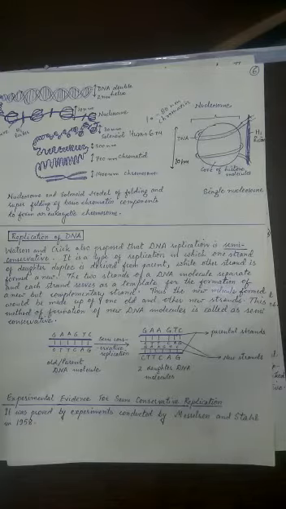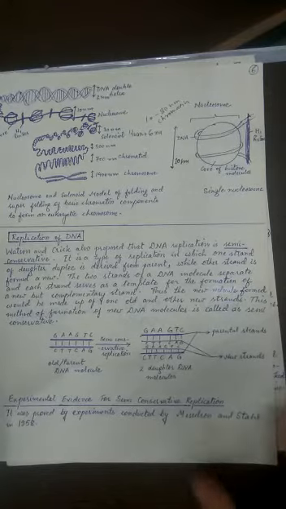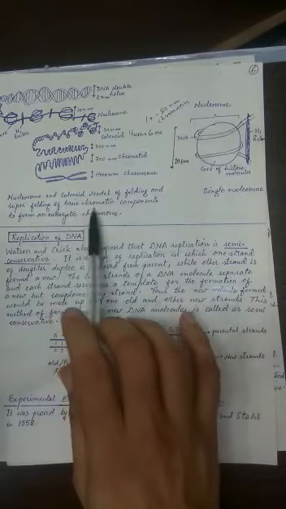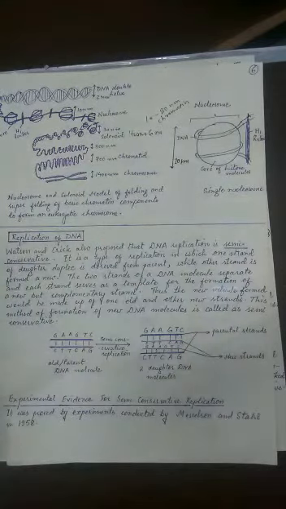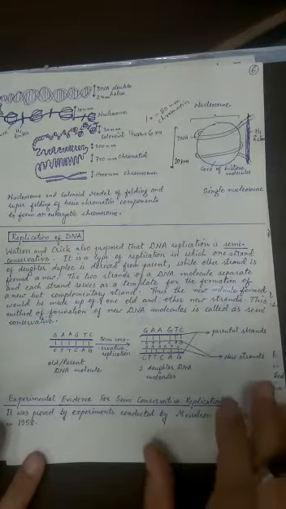I hope this whole concept is clear to you. Nucleosome and solenoid model of the folding and supercoiling of the basic chromatin components. So eukaryotic packaging is quite complex when we compare it with the prokaryotic one. I hope this is clear to you.